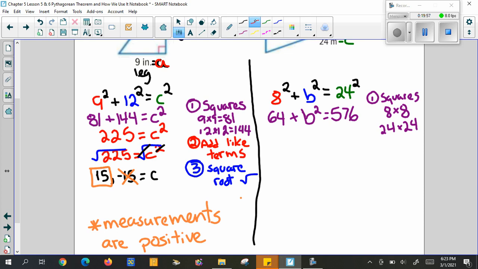I am looking to get B by itself. That's what I'm solving for. So on that left side where B is located, I want you to notice I have a 64, a constant number, and I have to move the constant numbers all to one side away from my variable. So I, in this case, am going to subtract.